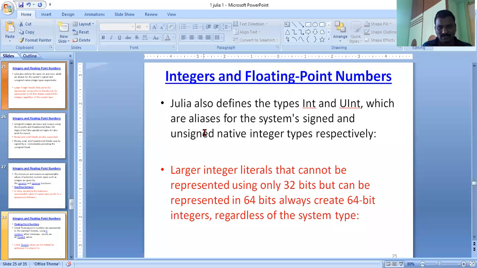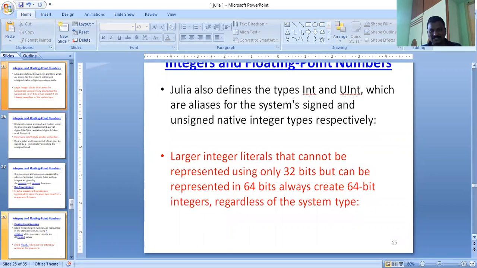Another important point here is larger integer literals. For example, on 32-bit or 64-bit systems, a large integer literal that cannot be represented using only 32 bits but can be represented in 64 bits always creates a 64-bit integer.